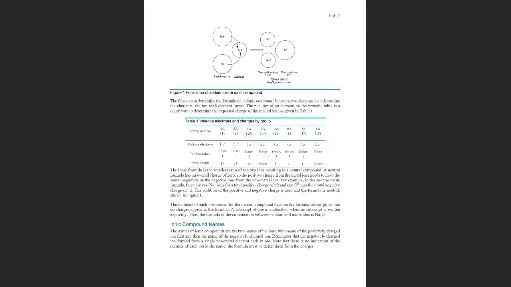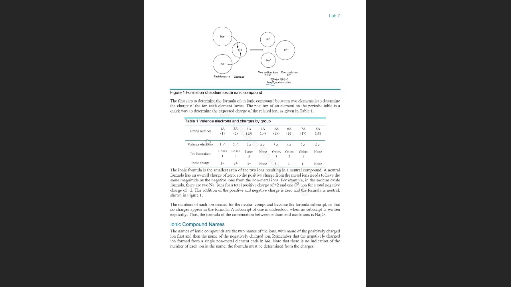While you can draw these Lewis structures for showing how the electrons are transferred, a sodium atom has 1 valence electron, which will transfer to oxygen, and oxygen wants 2, so you need 2 sodium atoms, each one giving up 1 electron, and then you form the sodium oxide formula with 2 sodiums and 1 oxygen. However, it's really not necessary to show all this when we're actually working it.